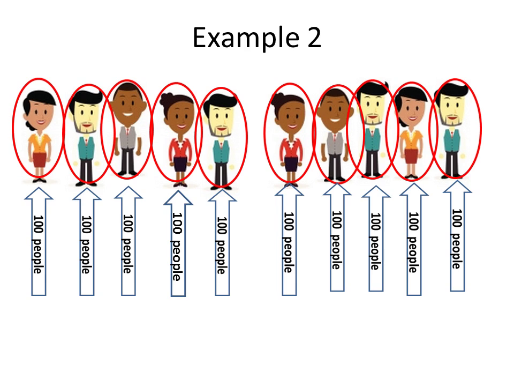Let's say that each of these persons represents 100 people. Researcher B in this example has 1,000 persons in our sample, which is a large sample.